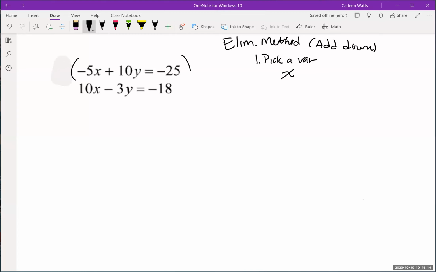So just regular 2. That will give me negative 10 and positive 10. The whole point is when I add down, one of my variables will cancel. So I have negative 10x plus 20y is equal to, what number do I have on the other side?